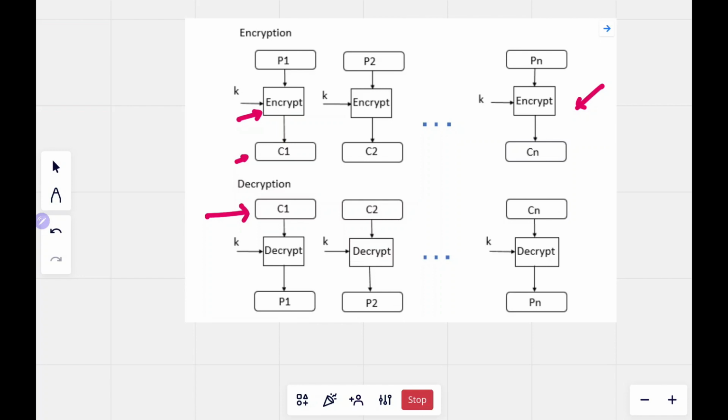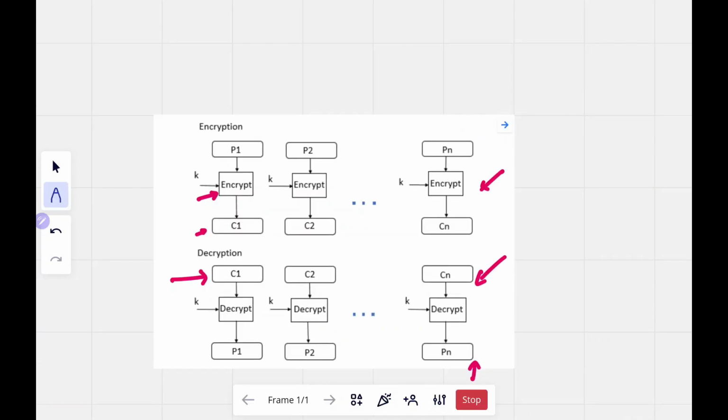This process goes on until we reach the last block where Cn is nothing but the input to the last block, key K remains same, and we get the output as Pn. So as you can see, it is the simplest kind of a block cipher mode of operation where the plain text is divided into the number of blocks, and each block is encrypted with the same key K. In the case of decryption, an exact opposite happens and we get the plain text back.